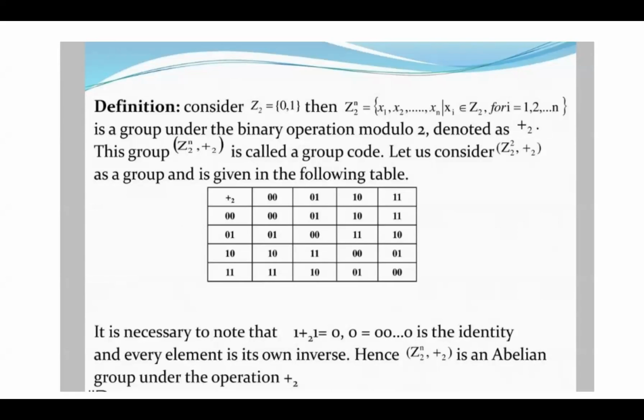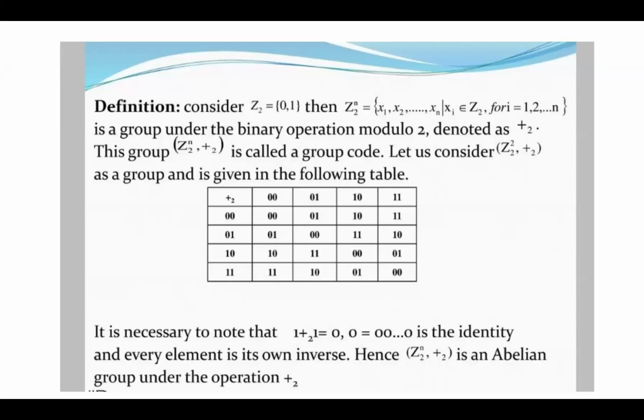Binary means it has two elements. That 2 stands for binary. The set Z2 contains 0 and 1.